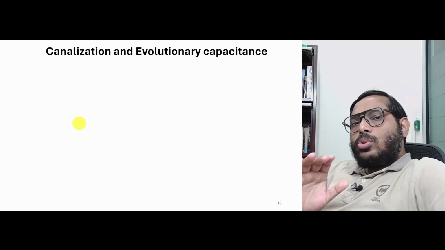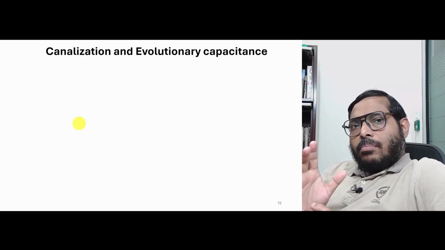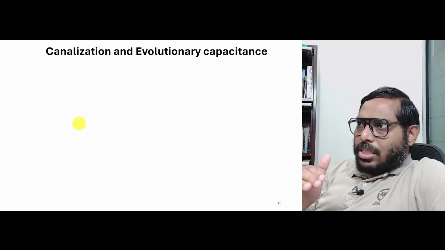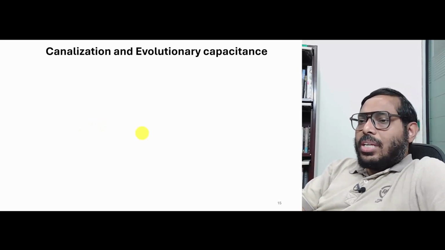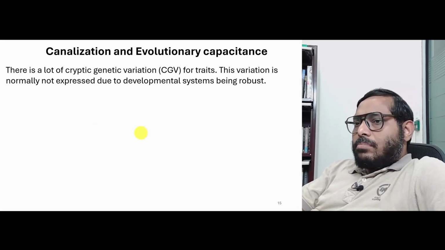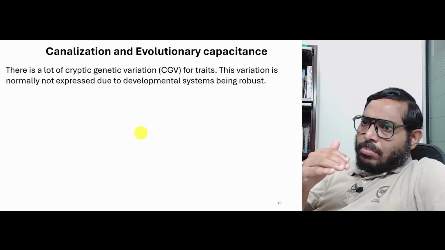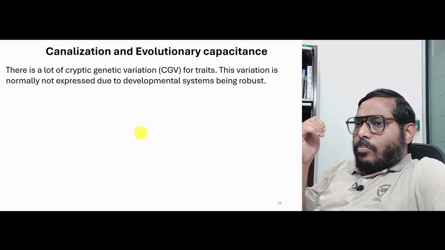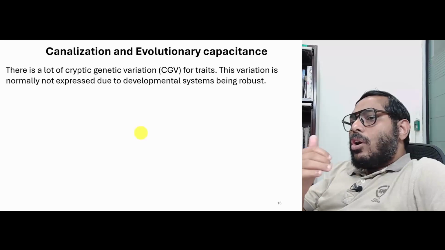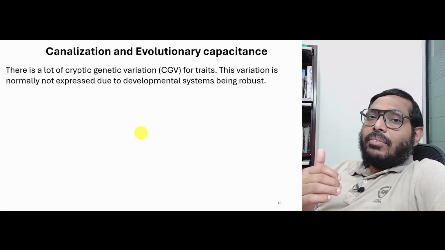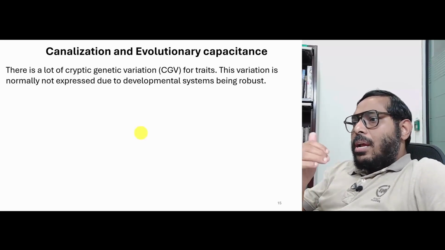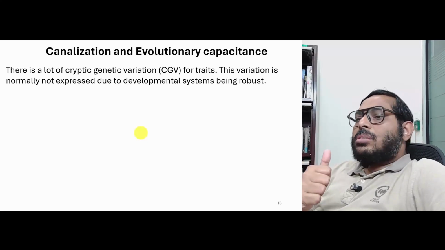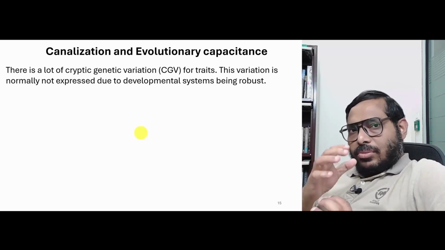So, this leads us to two different but very closely connected concepts in evolutionary biology in terms of how variation is generated. One is called canalization, the other is called evolutionary capacitance. As we saw, there can be a lot of genetic variation or cryptic genetic variation for traits, and this variation is normally not expressed because the developmental system is very robust.